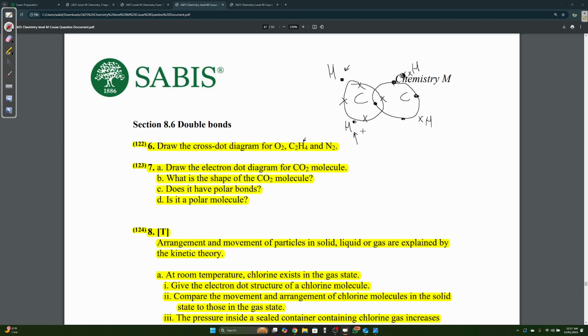So it needs 2 more. It's gonna take 1 from the carbon here, but you still need 1 more. Since I need 1 more, this electron I'm gonna send over here and share it with the other carbon as well.